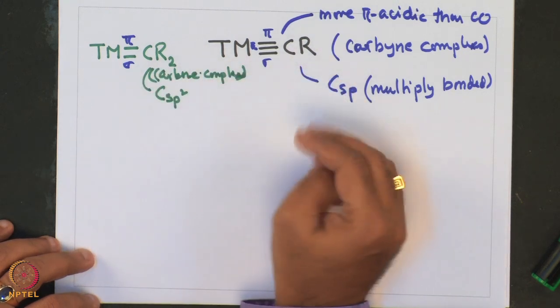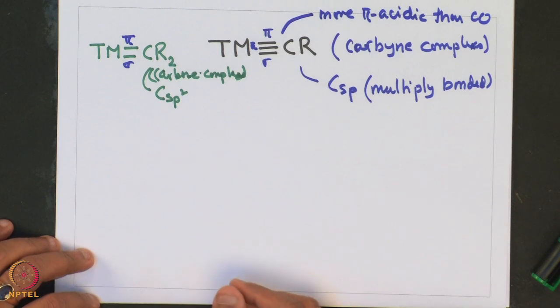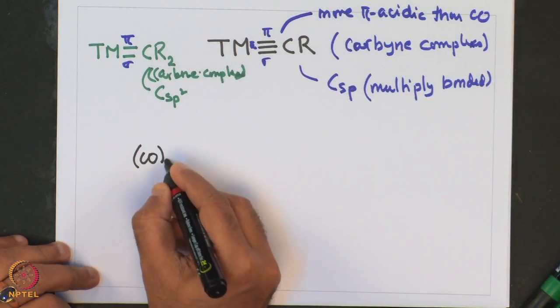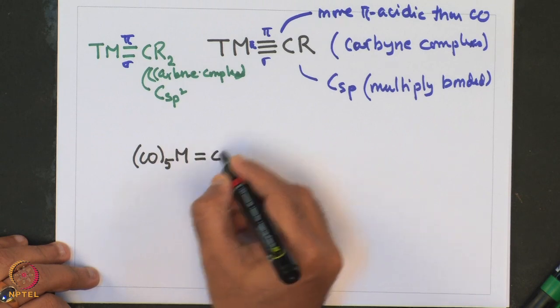Now, in regard to this, we have looked into various preparative methods that are prevalent for transition metal carbyne complexes, and the first and foremost method was a serendipitous discovery that started off from a Fischer carbene complex, which is over here.